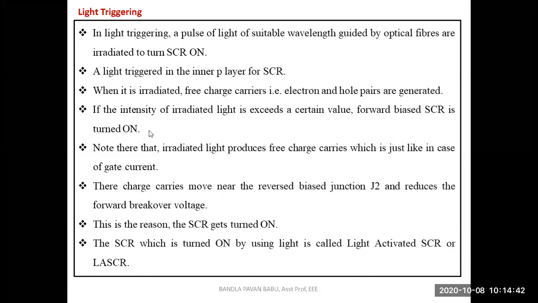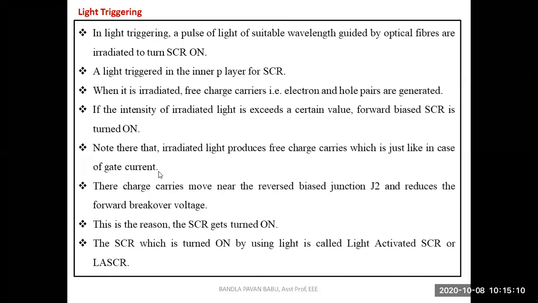Note that the irradiated light produces free charge carriers, just like in the case of the gate current. Because of the injection of these holes and electrons in the P and N layers at junction J2, junction J2 reduces, and the switch will conduct.